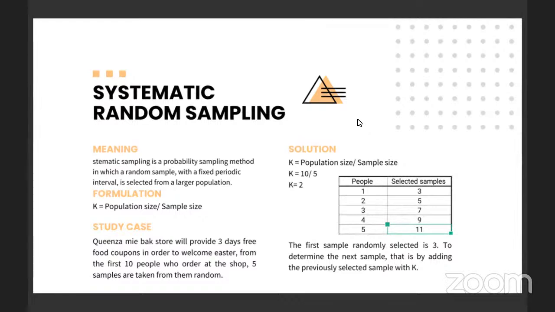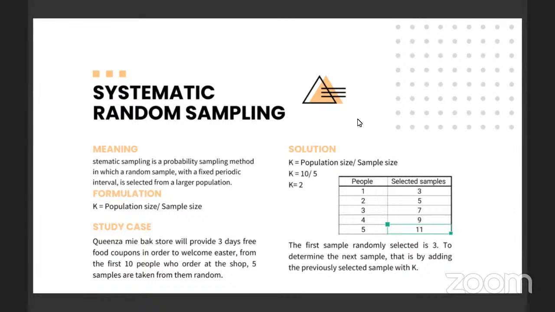Systematic random sampling is a probability sampling method in which a random sample with a fixed periodic interval is selected from a larger population. The formulation is K equals population size divided by sample size. Study case.